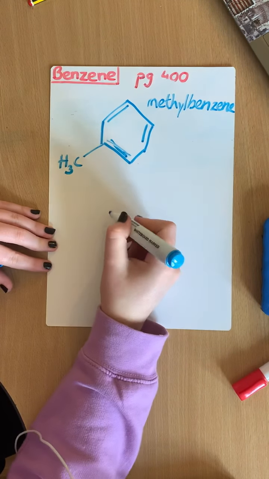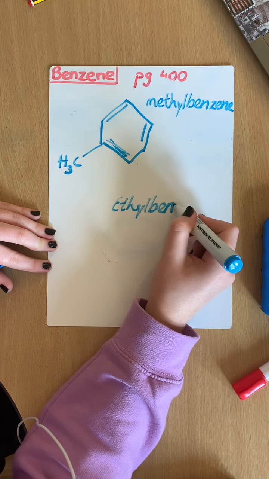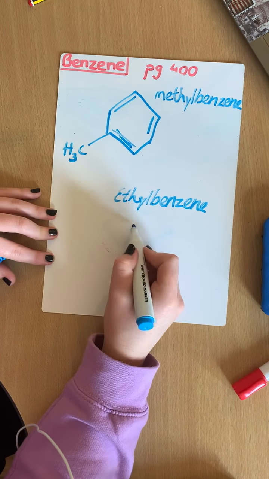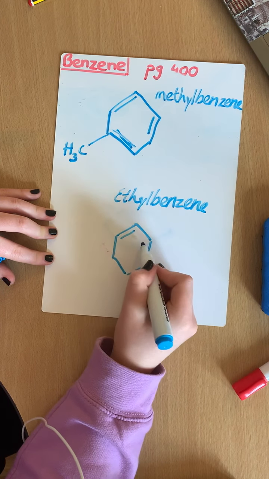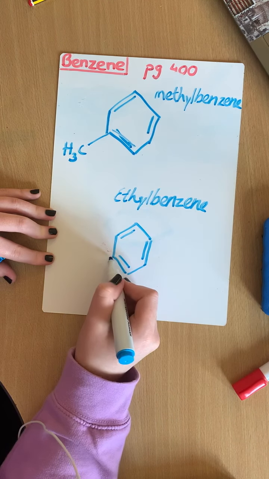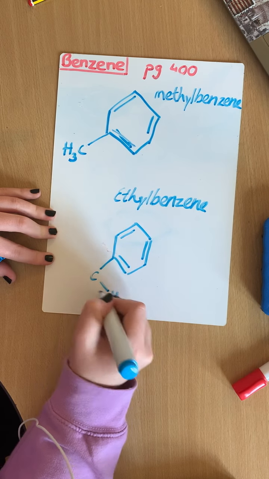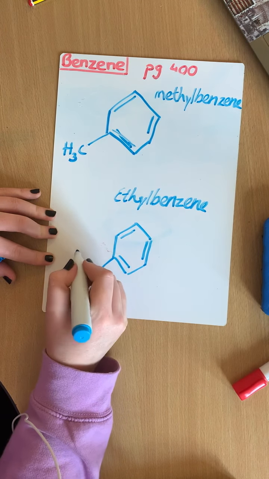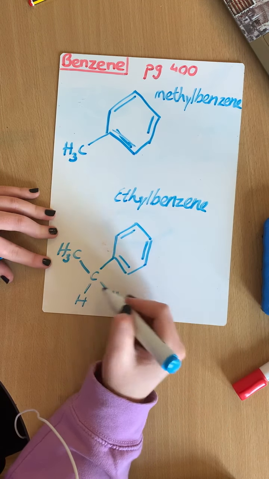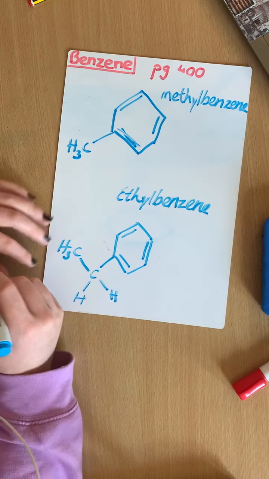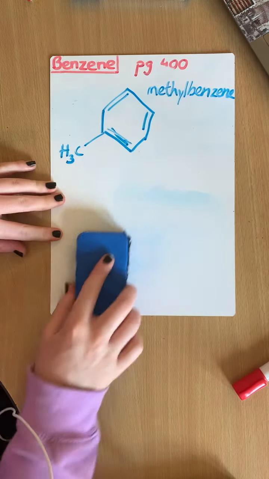And then ethylbenzene looks like this. Again, we have our benzene molecule, and we have a carbon which has 2 hydrogens off of it as well, and then we have CH3. So that is our ethylbenzene. You need to know the structures for those 2 molecules for your exam.